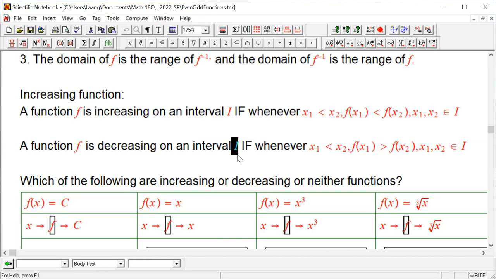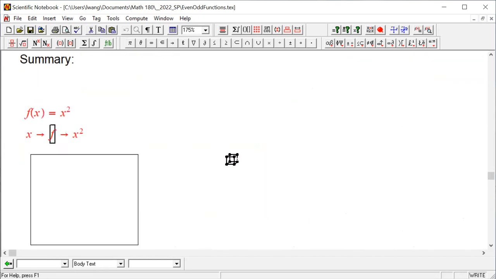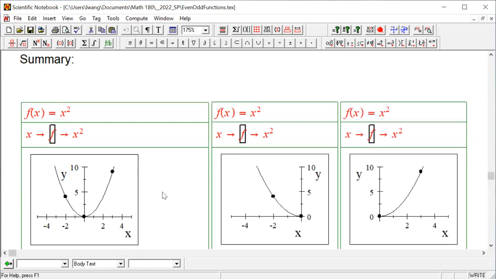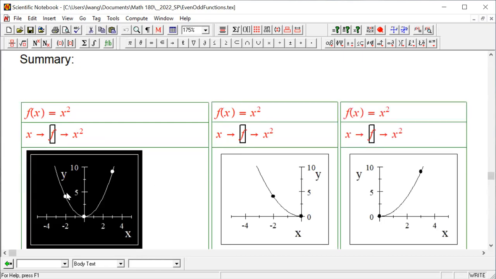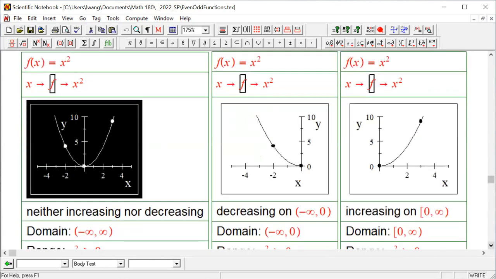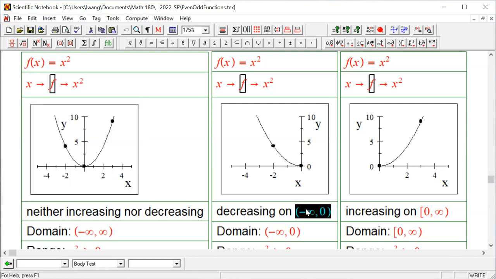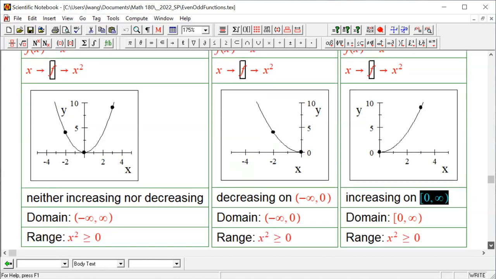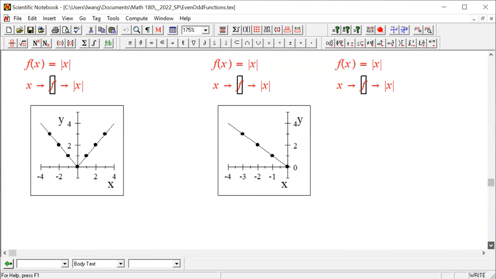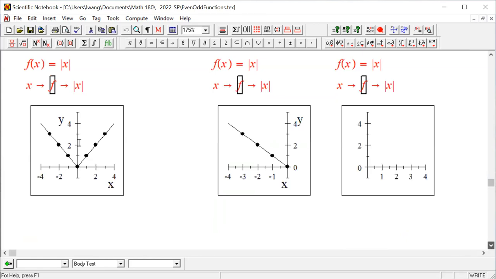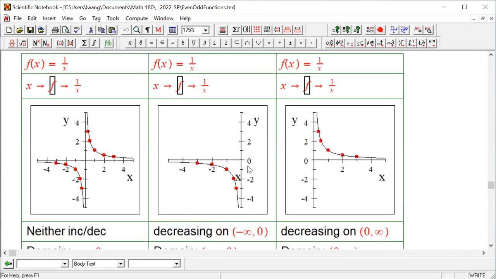So we have done some examples, such as this function, which in the entire domain considered is neither increasing nor decreasing. But if we specify the specific interval, then it is decreasing here and increasing on the other interval. So we have multiple examples of such cases.